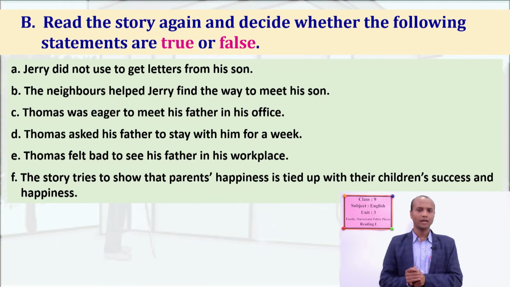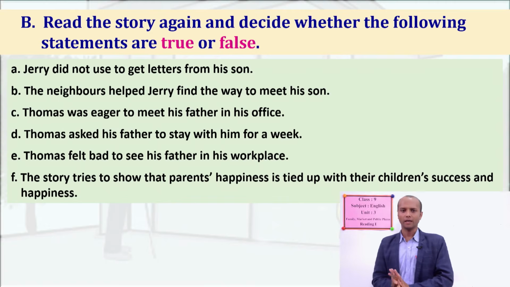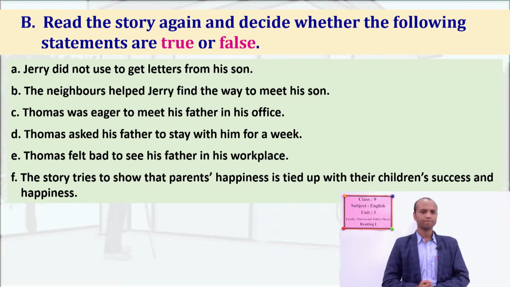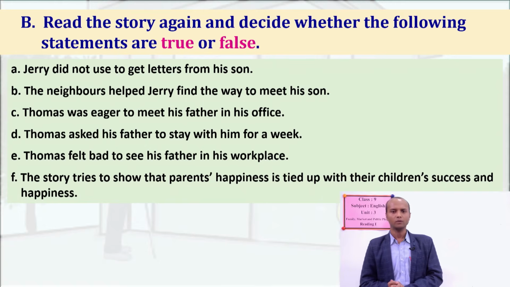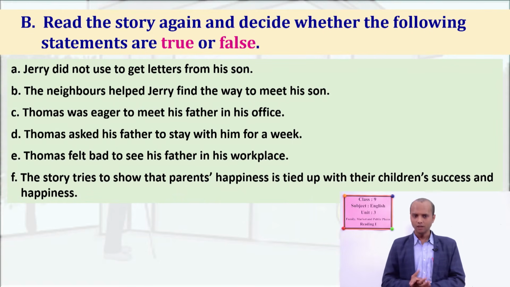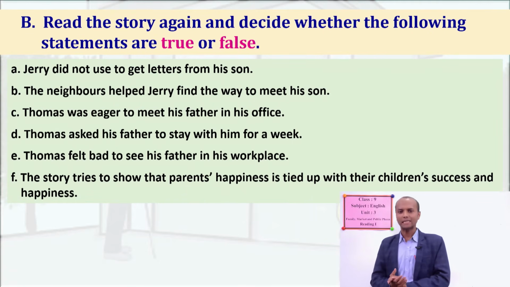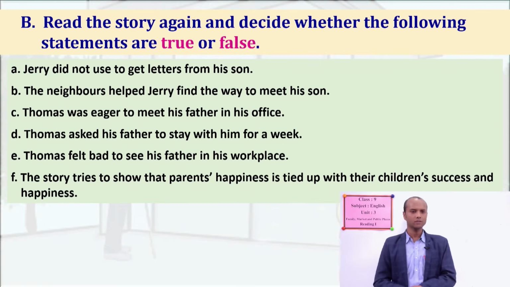Look, true and false are highlighted. So let me read out the sentences first. Number A, Jerry did not used to get letters from his son. Please think about the possible answer. True or false? B, the neighbors helped Jerry find the way to meet his son. C, Thomas was eager to meet his father in his office.